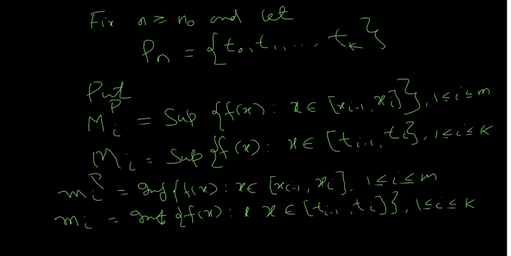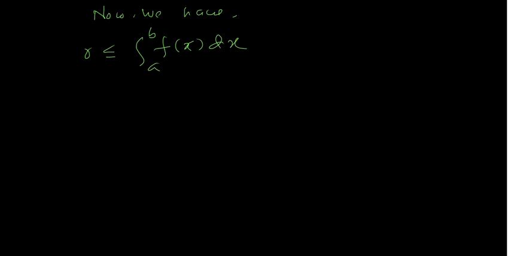Now we have 0, which is less or equal to the integral from a to b, which is either the upper Riemann integral or lower Riemann integral, because f is integrable, therefore they are equal, and this is the common value of the integral, minus the lower sum.